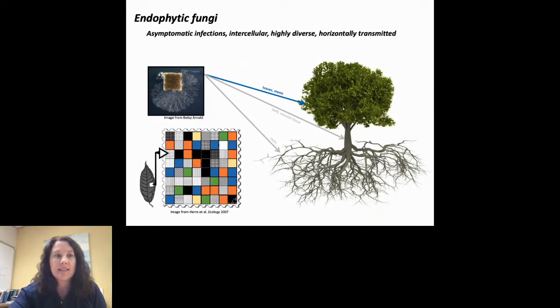This is a diagram by Hara et al., where they took a 2 centimeter square piece of leaf tissue, surface sterilized it, cut it into 2 millimeter square tissue pieces, and then cultured endophytes from that. What they found is that often each little 2 millimeter section of leaf held a unique endophytic fungus.